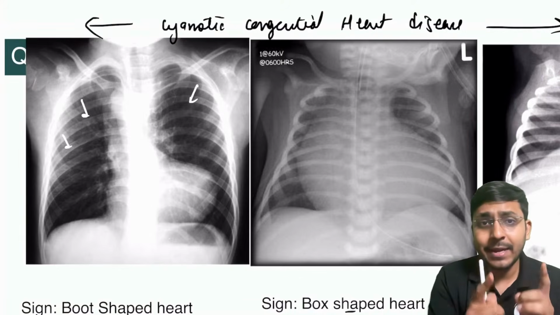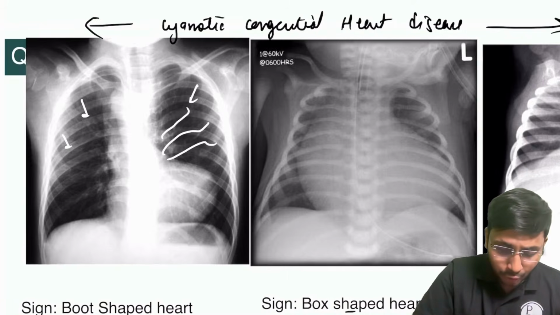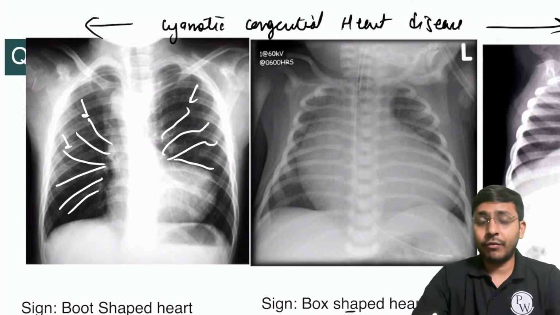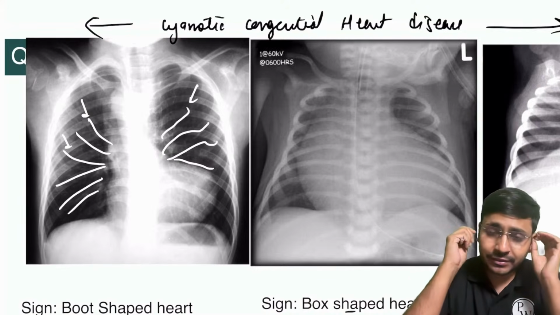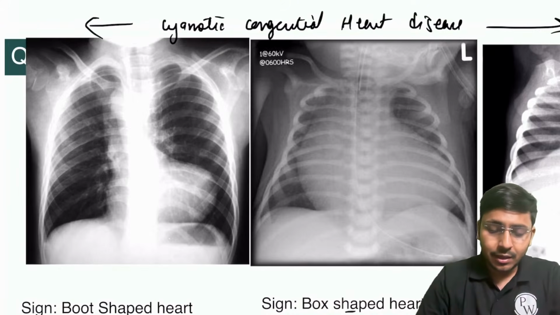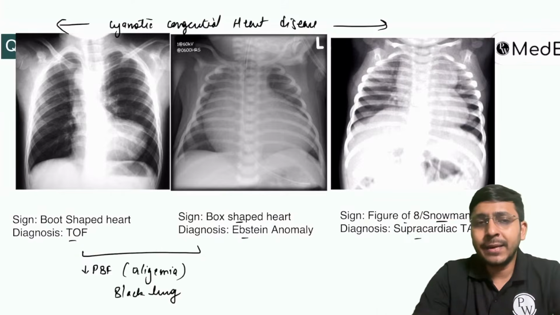And if the same looking X-ray happens to be with a lot of blood vessels, then you can't mark TOF. The hallmark of TOF is reduced pulmonary blood flow, right? So always and always see the lung fields. I see a lot of students not seeing the lung fields, just looking at the shape of the heart. It's looking like a boot shape, so let me mark TOF.